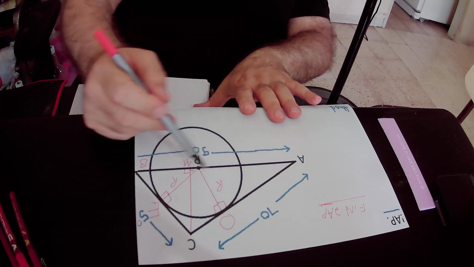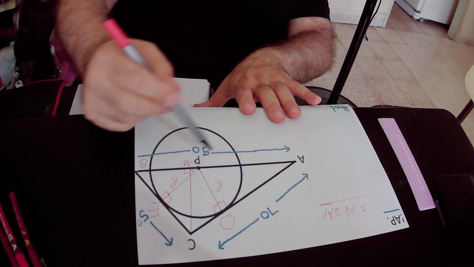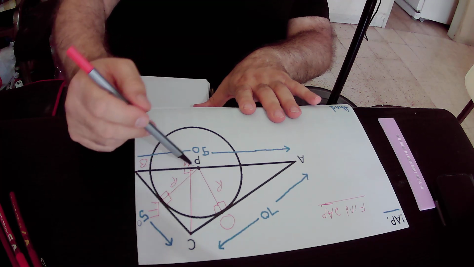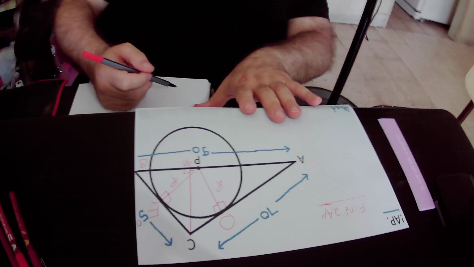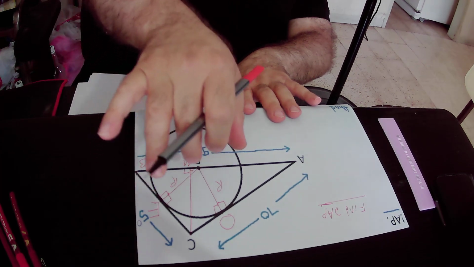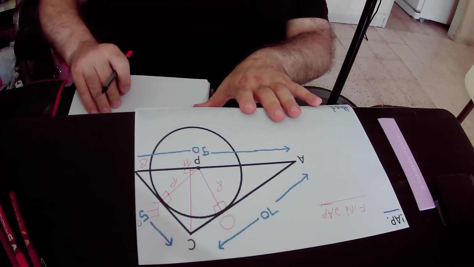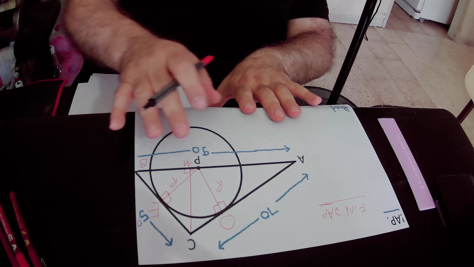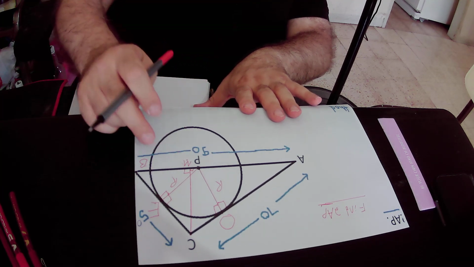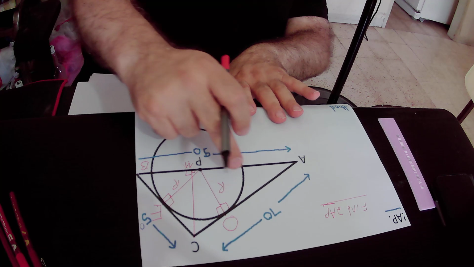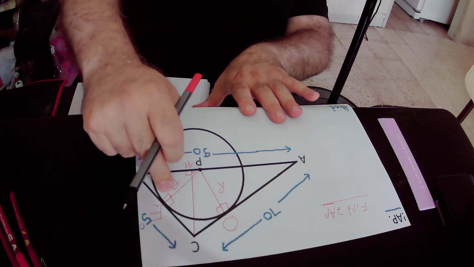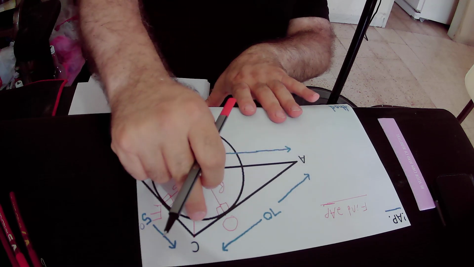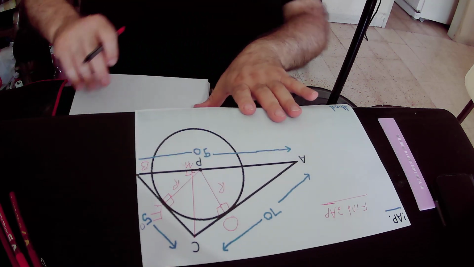ACM is a right triangle because angle AMC equals 90 degrees. So in total we have here four right triangles. This is the first one, this is the second one, this is the third one, and this is the fourth.